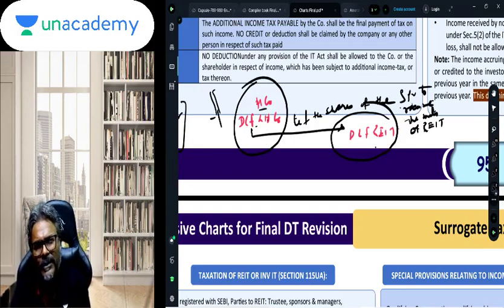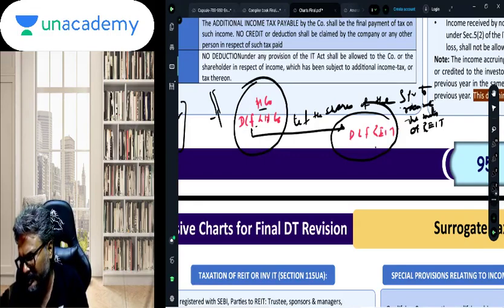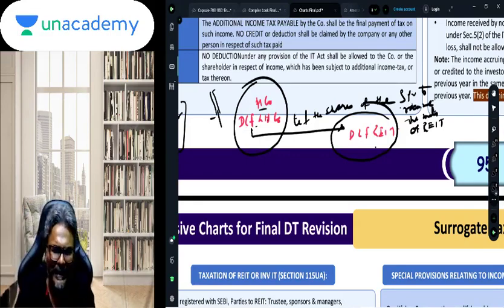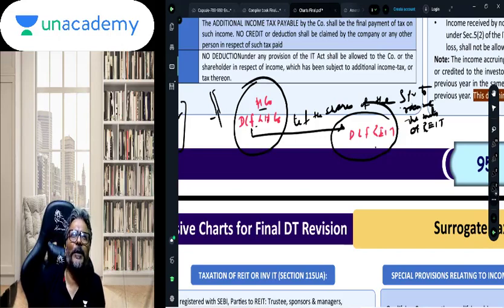Now let's focus only on DLF REIT. Let's try to understand, at the same point of time, what the income stream is that they are going to have from various sources. So first is the SPV.